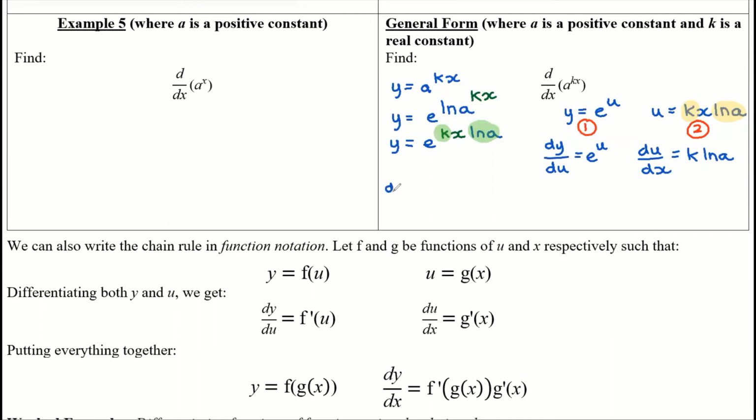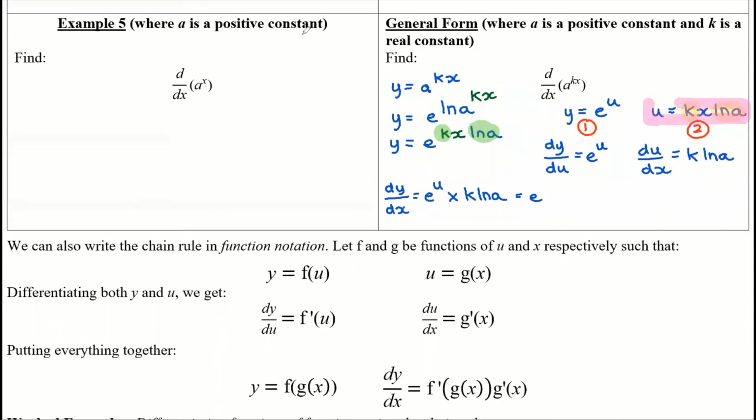There we go. Let's put it all together now. So dy by dx is going to equal e to the u multiplying k log a, and we can replace e to the u with e to the, let's review what u is again.